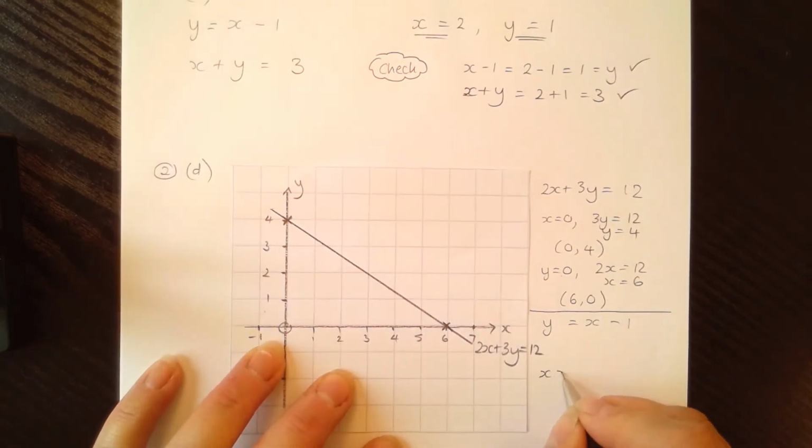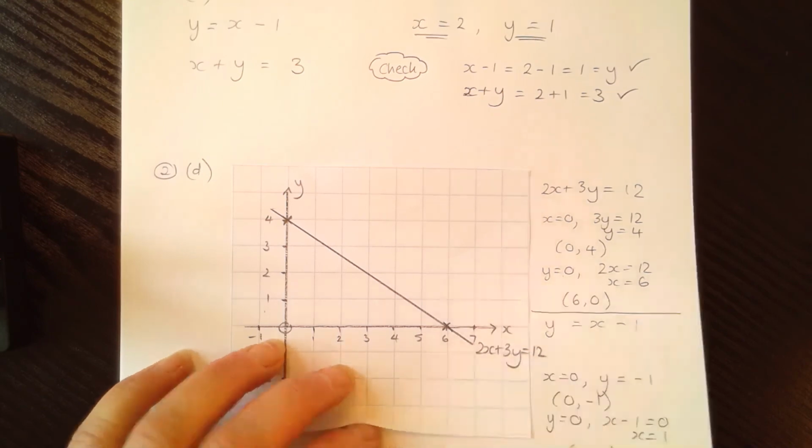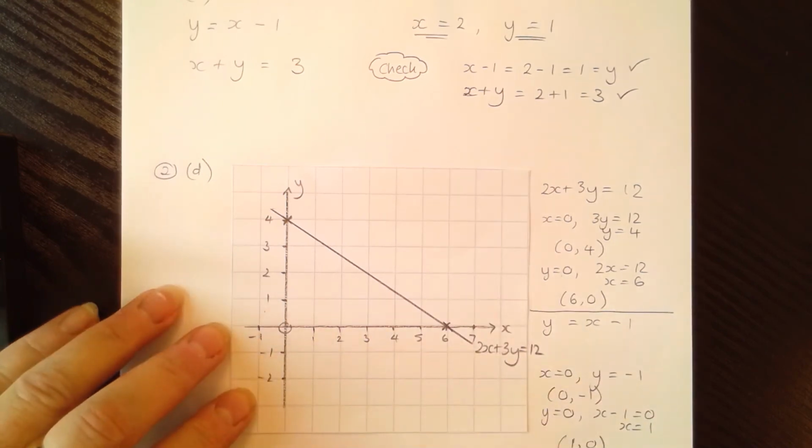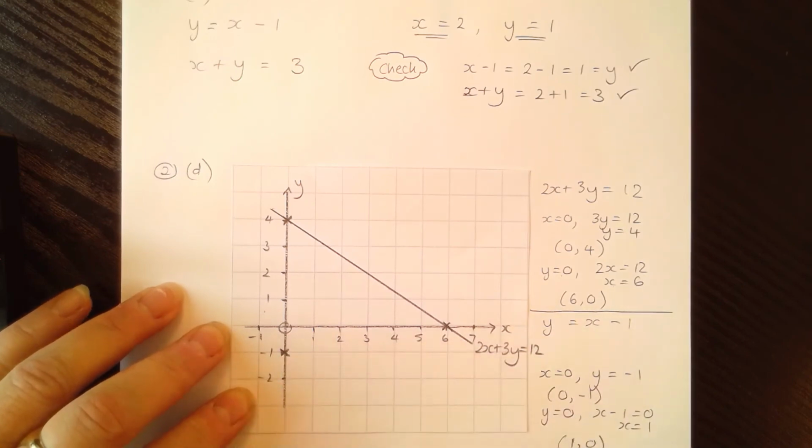So x is equal to 0, y will be equal to negative 1, so 0, negative 1, and y equals 0, then x minus 1 equals 0, so x is equal to 1, which gives me the point 1, 0. So plotting those points, 0, negative 1, and 1, 0.